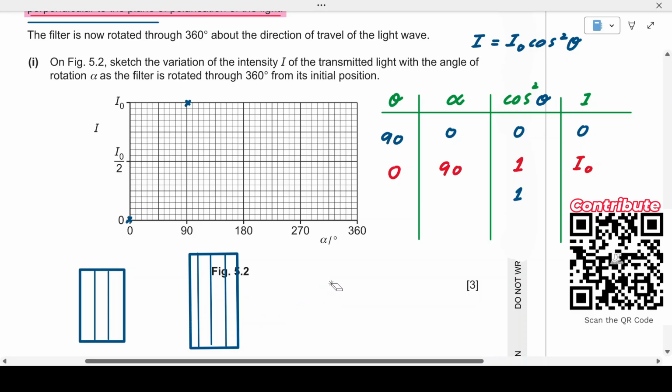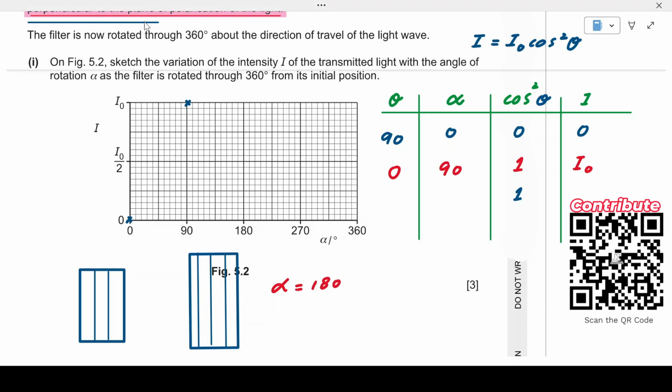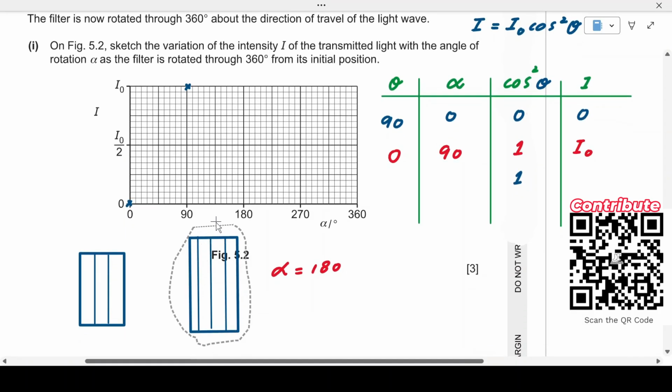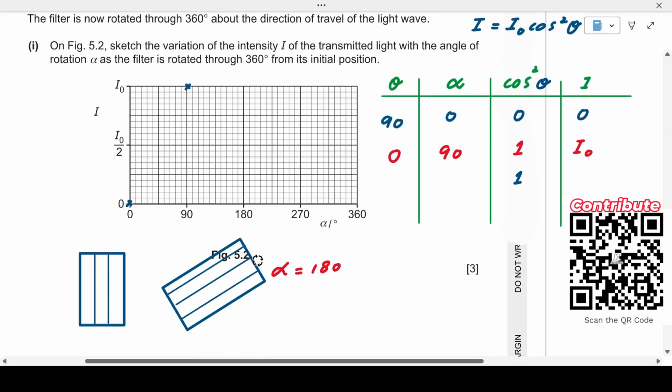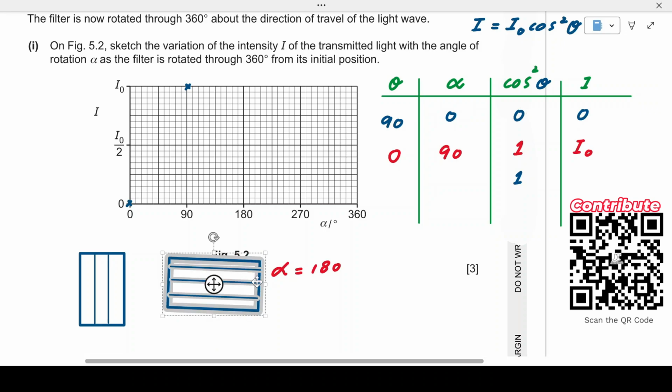Third case, when alpha is 180, means you rotate it further 90 degrees. Now it will look something like this. Check it out. So in this case again, the actual angle of this second filter with respect to the first one is 90.